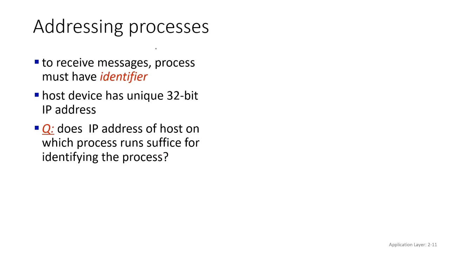Currently we're using IP addresses that are 32 bits, and we'll be going through later why they are 32 bits and how they are defined in the network. But they are 32-bit IP addresses, and that's what we call IPv4, the fourth version of the IP, as opposed to the other version, IPv6.